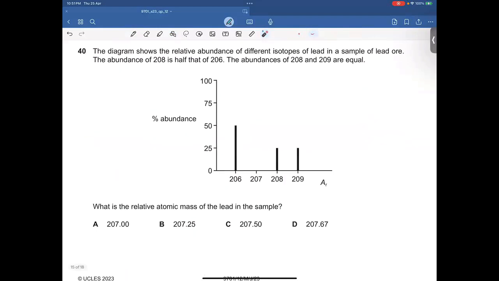Question number 40. My goodness, this is going to be the easiest question. In this paper, the diagram shows the relative abundance of the different isotopes of lead in a sample of lead ore. The abundance of 208 is half that of 206. The abundance of 208 and 209 are equal.